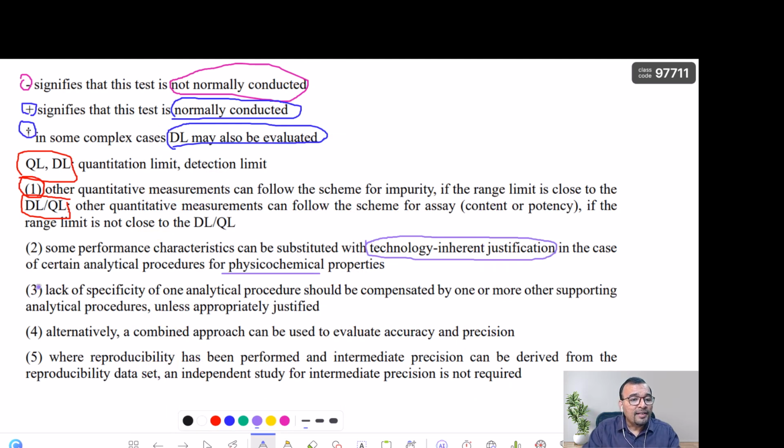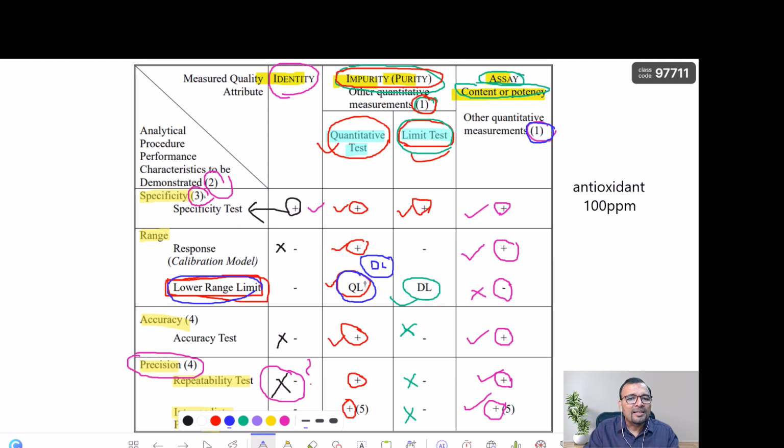The third point is that the lack of specificity of one analytical procedure should be compensated by one or more other supporting analytical procedures unless appropriately justified. That is in the case of specificity. So if my current testing procedure is not specific, I'm not able to define the interference. Let us say I'm using titration for a glycoside assay.